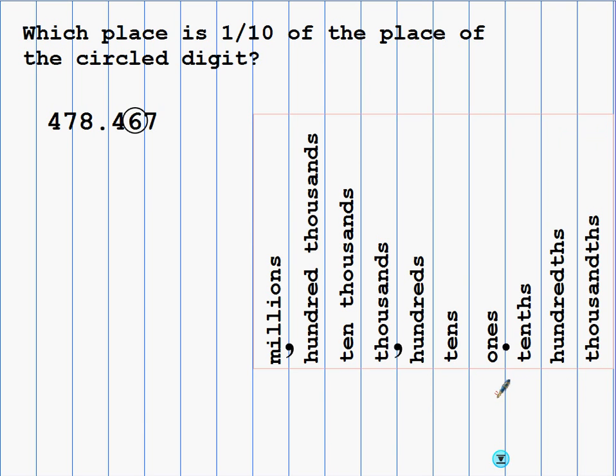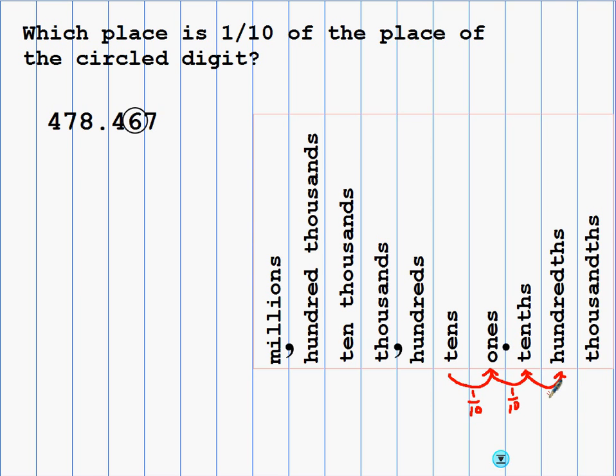All right, and likewise, if I move one place to the right, and I could start anywhere, we'll start at our tens place here. One place to the right, the value of that place decreases to 1/10 of the original value. So ones place is 1/10 of 10. If I move to the right, the tenths place is 1/10 of the value of the ones place.